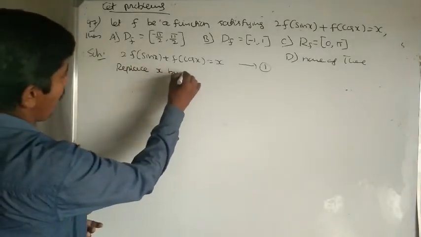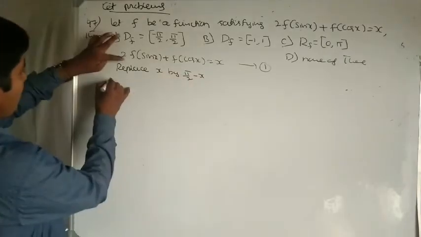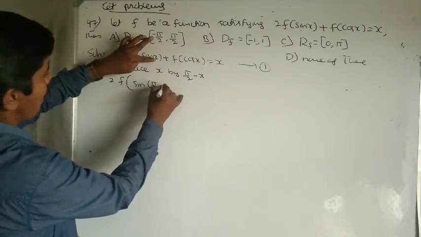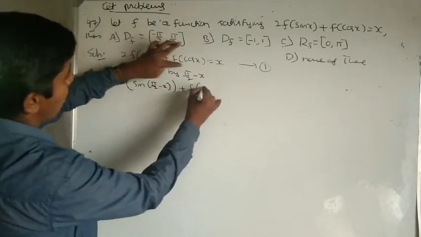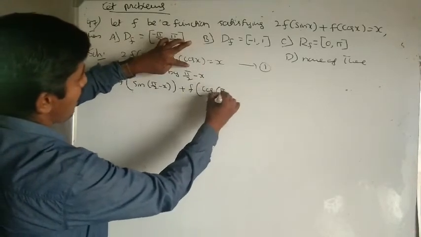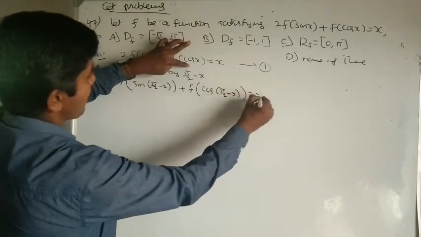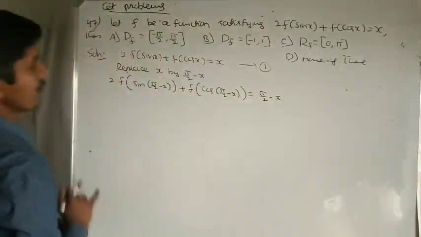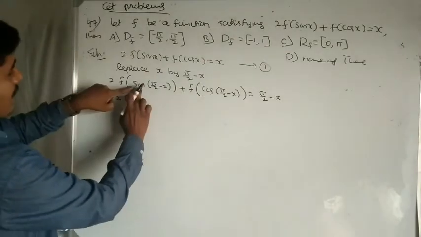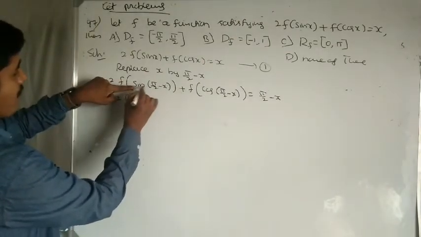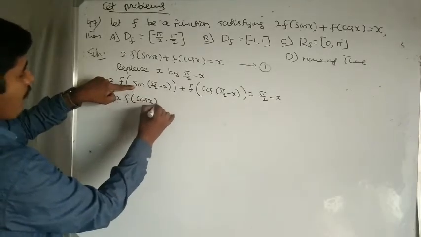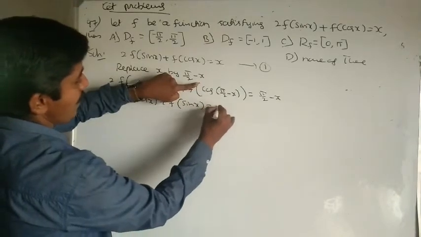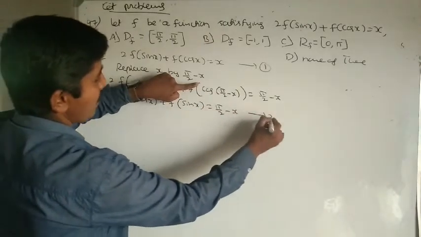Replace x by pi by 2 minus x: 2 into f of sin of pi by 2 minus x plus f of cos of pi by 2 minus x equal to pi by 2 minus x. For sin of 90 minus theta is cos theta: sin of 90 minus x is cos x, and cos of 90 minus x is sin x. RHS as it is, pi by 2 minus x, called equation 2.